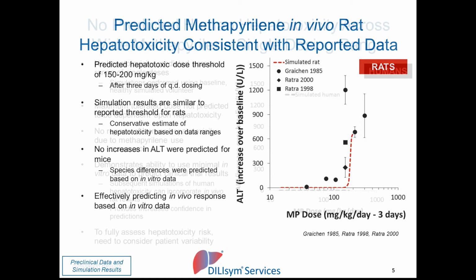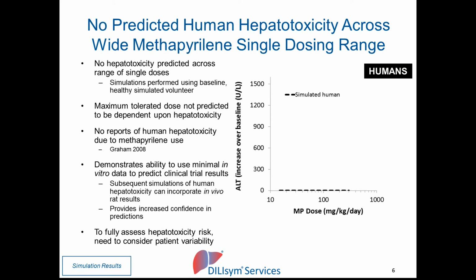Carrying this forward to the clinical predictions of clinical hepatotoxicity, as the graph shows clearly, there were no increases in ALT over baseline across a wide range of methapyrilene doses. And again, this is consistent with the fact that there were no reports of human hepatotoxicity due to methapyrilene use.